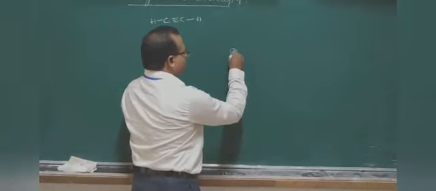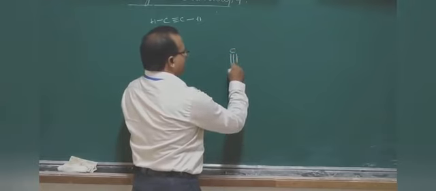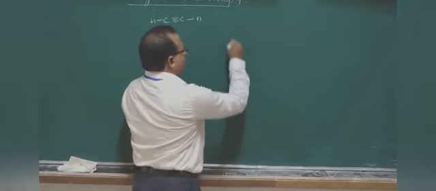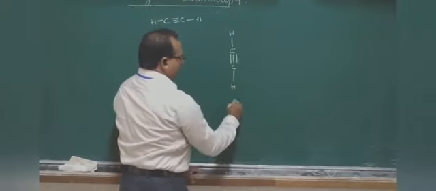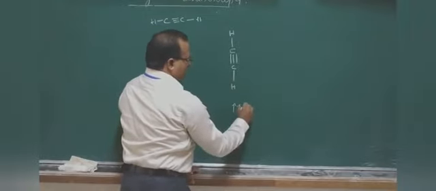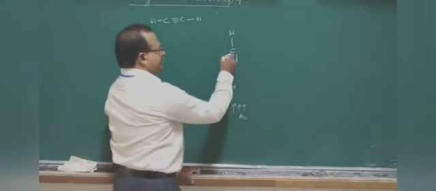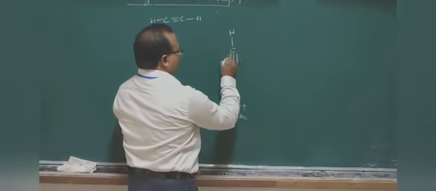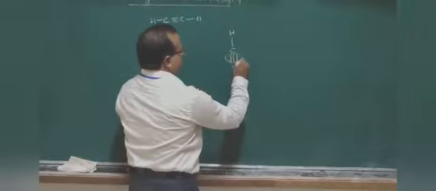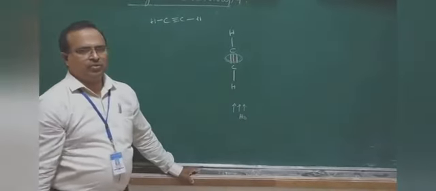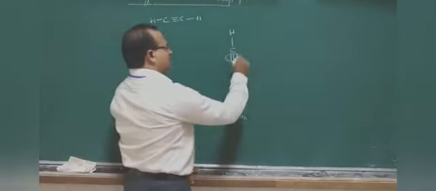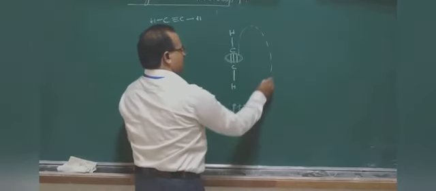In the presence of the applied magnetic field, this acetylene molecule is oriented along the direction of the applied magnetic field, and these pi electrons are induced to circulate in this direction, and they produce a local or secondary magnetic field like this.